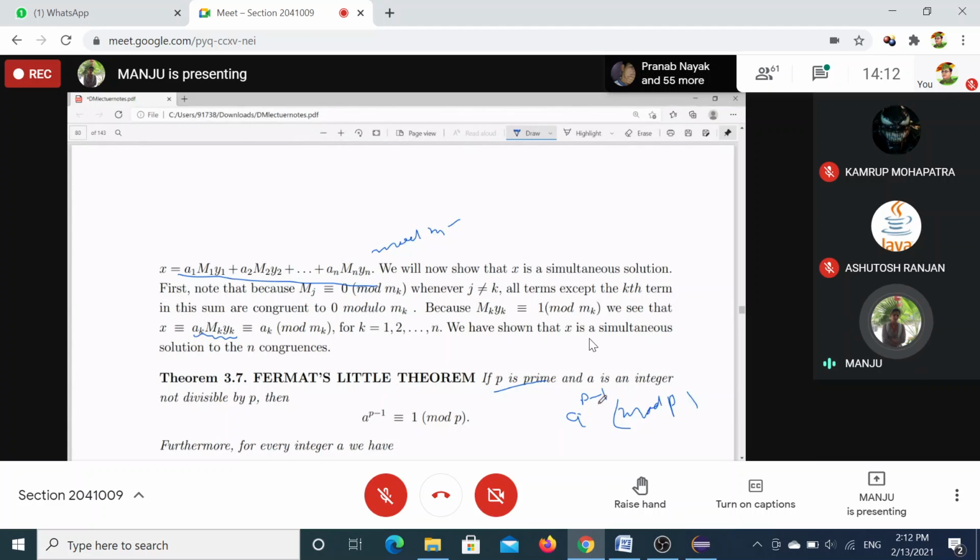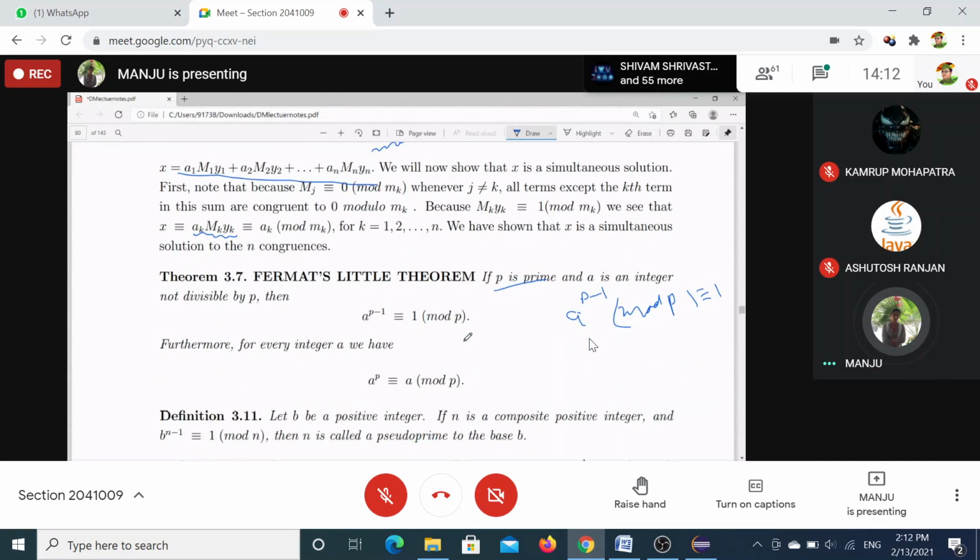If not divisible by P, and the power is P minus 1, then without any calculation you can directly write this will be 1. The remainder of A raised to power P minus 1 when divided by P will give you 1. In general, A raised to power P when divided by P gives you A. Just multiply A on both sides and you get this.